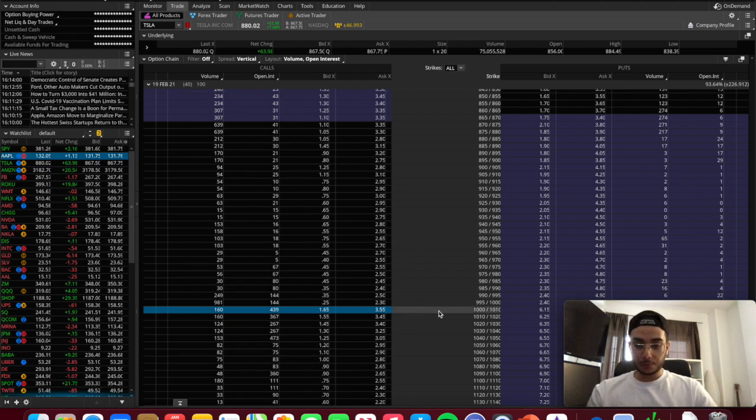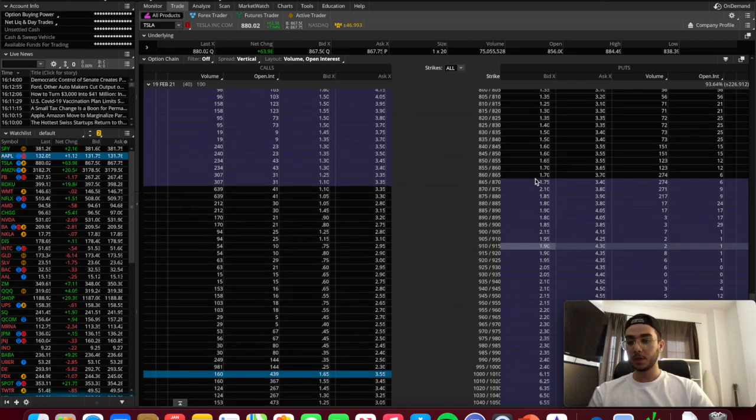So if we're predicting Tesla is not going to get to these strikes, then instead of buying a call and selling one further strike, we need to do the exact opposite, right? So we sell the 1000 strike and we buy 1010. That's a credit spread, and that's when you're predicting the stock is not going to approach these prices.